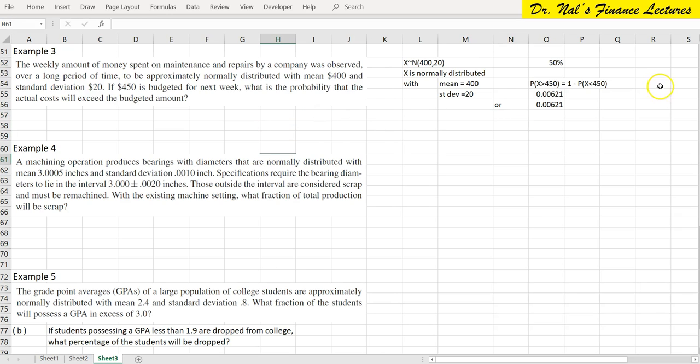Second problem. A machining operation produces bearings with diameters that are normally distributed with a given mean and standard deviation in inches.